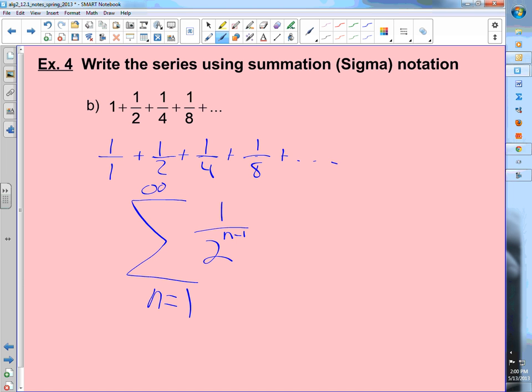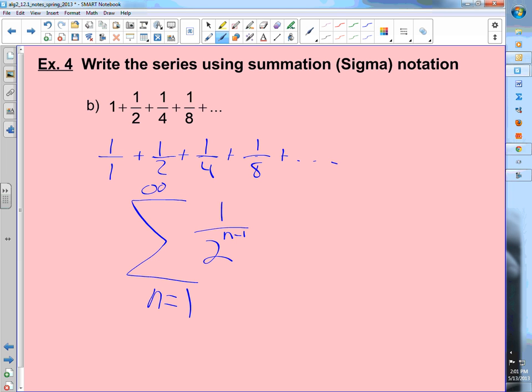When you go to the second term, 2 minus 1 gives you 2 to the first. Third spot, 3 minus 1 is 2 squared. So you had it, but you have to be careful with where they start. Sometimes they're going to start you on this term, 1 over 4. So when you put a 1 here, you have to make sure that it's n plus 1, if this is where we were starting.